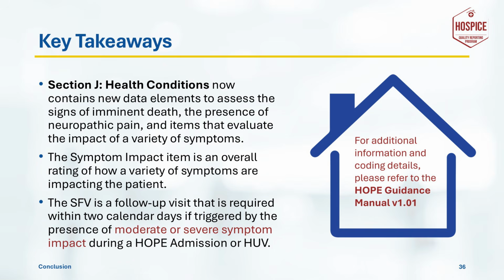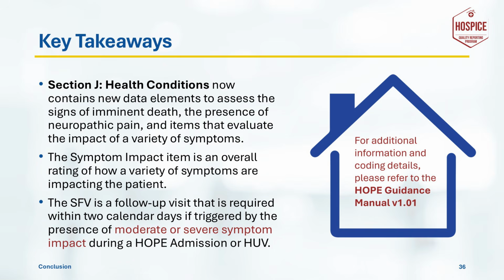Well, we covered a lot of important information about Section J. Here are some of the key takeaways. Section J, Health Conditions, now contains new data elements to assess the signs of imminent death, the presence of neuropathic pain when pain is an active problem, and items that evaluate the impact of a variety of symptoms.